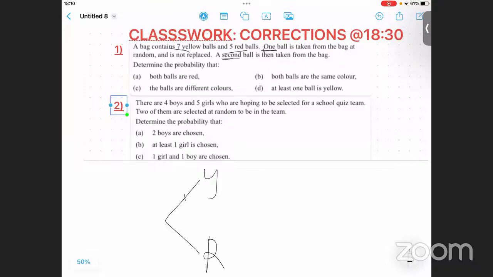First and second. So it's going to be two times. The first branch represents the first ball being taken out, and then this is going to be the second time a ball is taken out of the bag, and then you're going to have yellow and red, and then yellow and red.